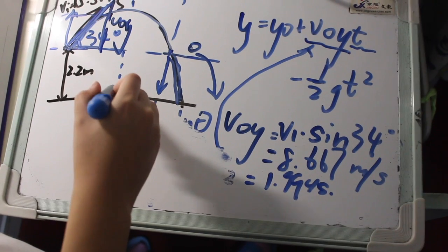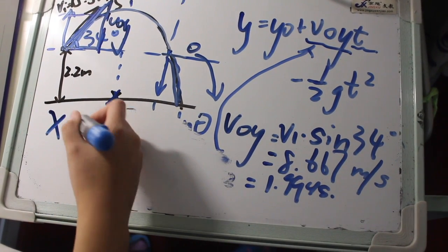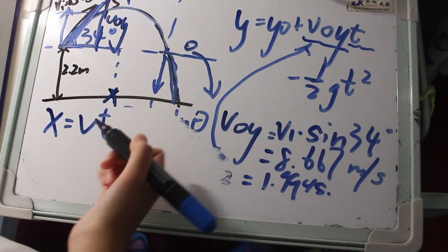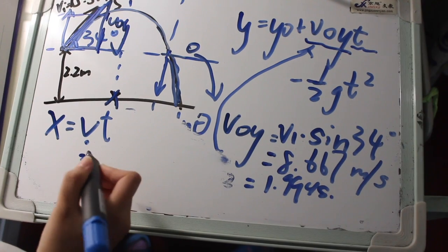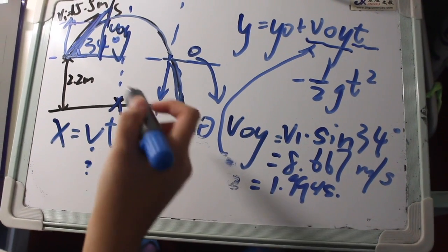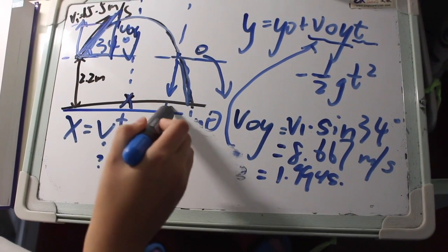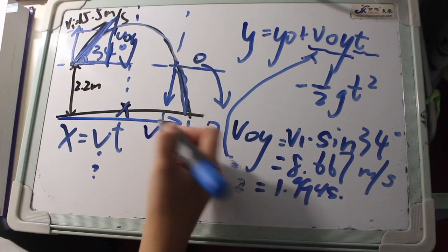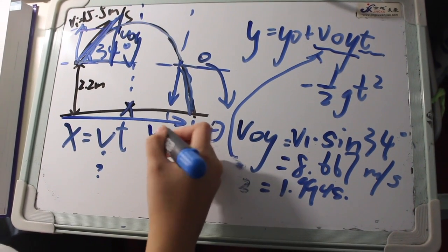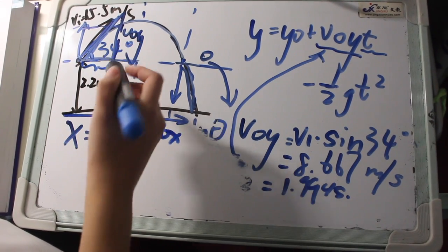But what we should know is x. X is equal to Vt, right? The V is the part we don't know, but we know the ball is thrown horizontally, so the V is constant, it is V0x, and we can know it from there.